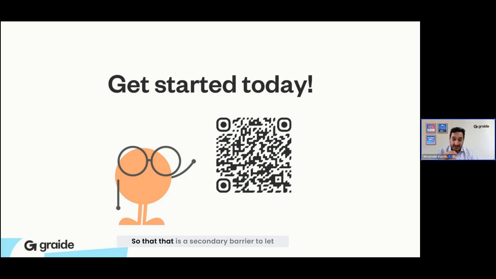That is a secondary barrier to let you understand whether or not you should be putting a large amount of time into reviewing that response. The real thing here is to say, look, if it used to take you 100 minutes to mark something, we want to bring that down to 10. That's the ultimate goal.